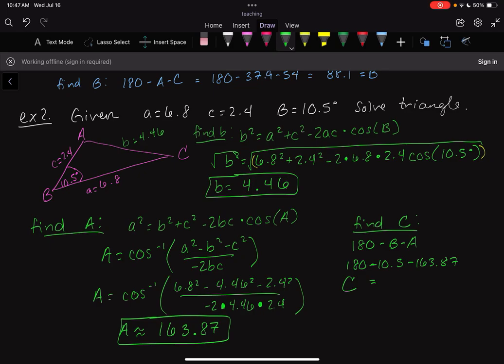And so this gives me, let me write it in, 5.63. Forgot my little degree symbol. And there we go.